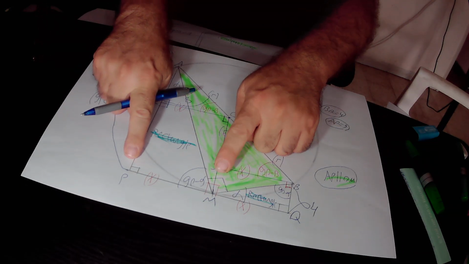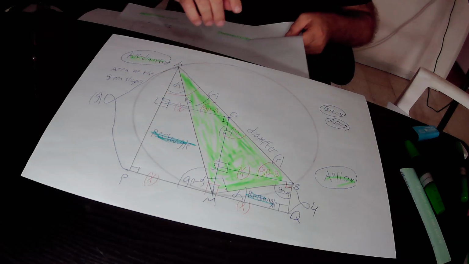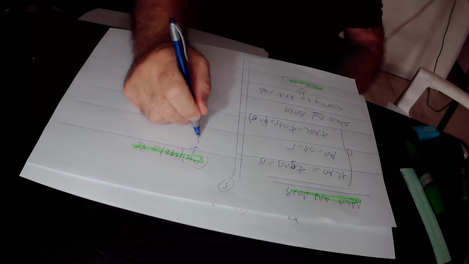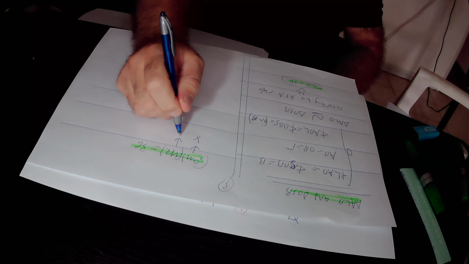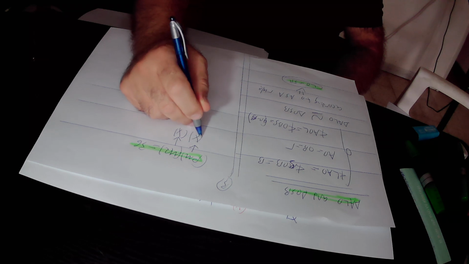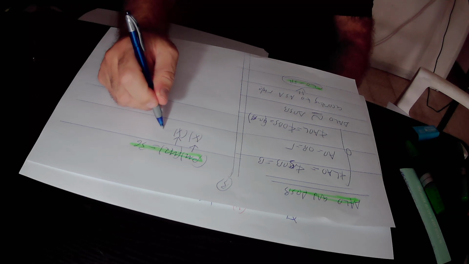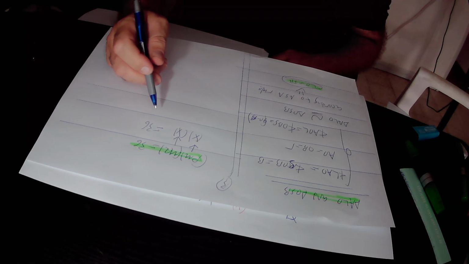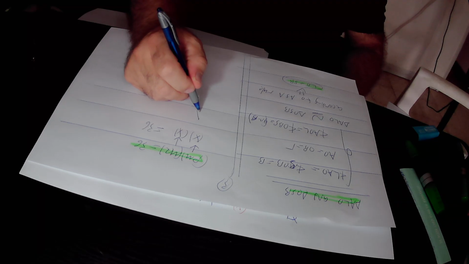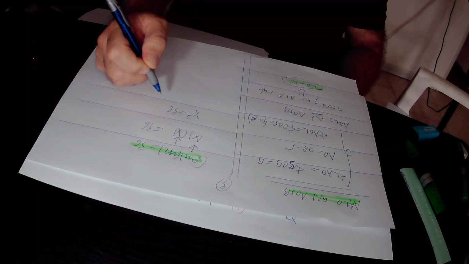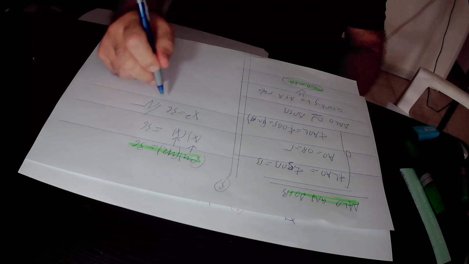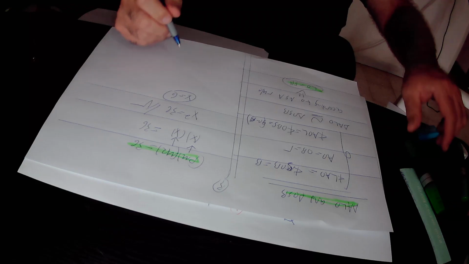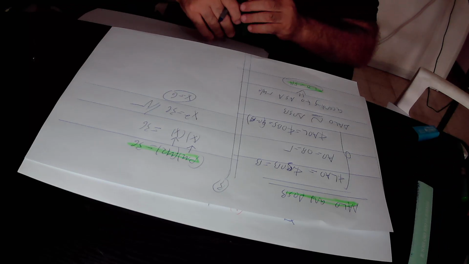PM is x, and MQ is also x. So PM times MQ is x times x, that is 36. So x times x, which is x squared, equals 36. Here we take the root of this equation and finally get that x equals the square root of 36, that is 6. So x equals 6 units in length.